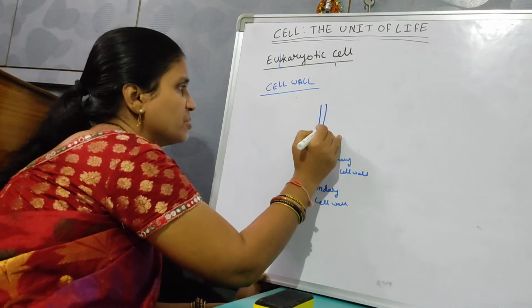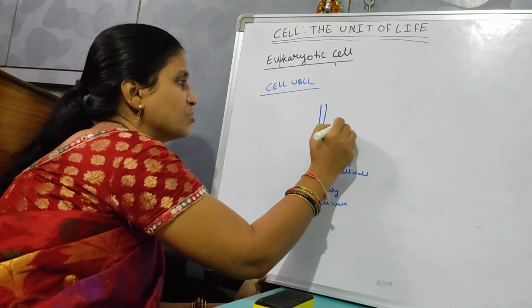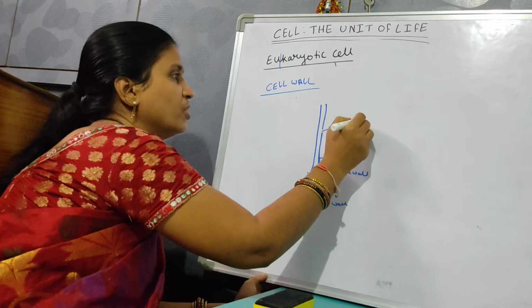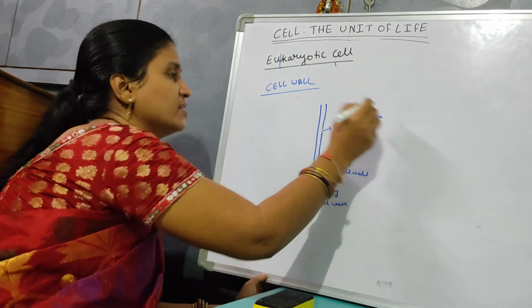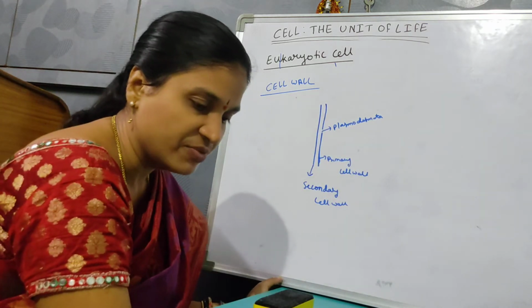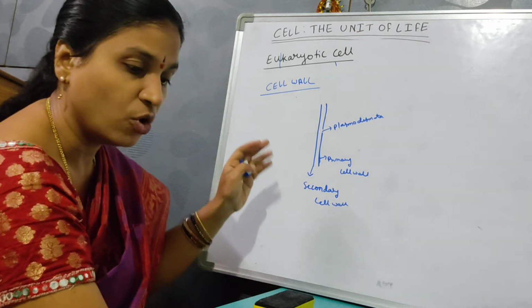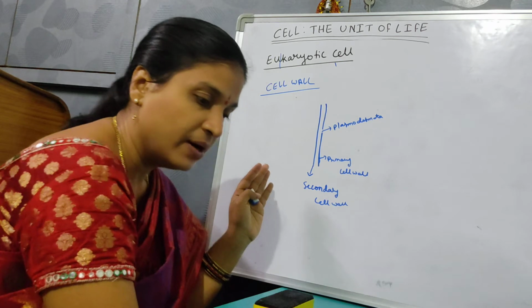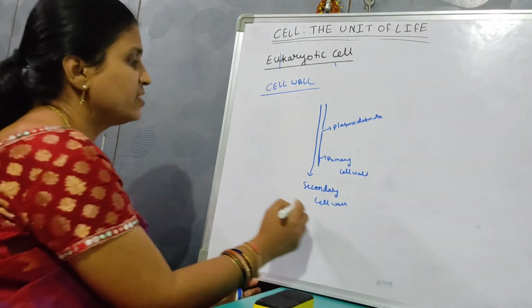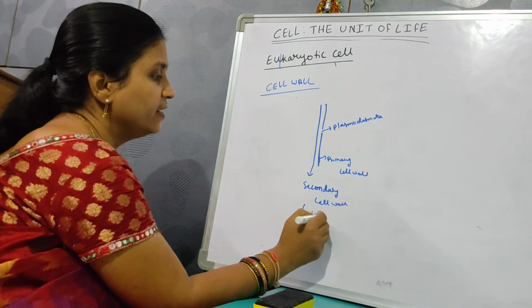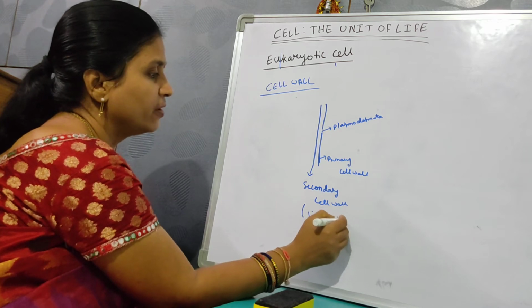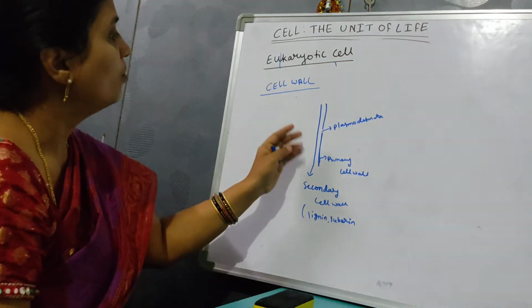Sometimes it has some small gaps which are called plasmodesmata. Connections from one cell to another cell. The secondary cell wall is formed by the addition of a few materials like lignin and suberin.